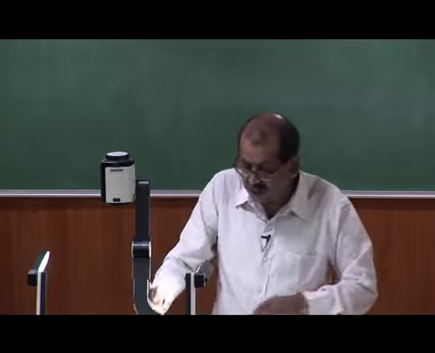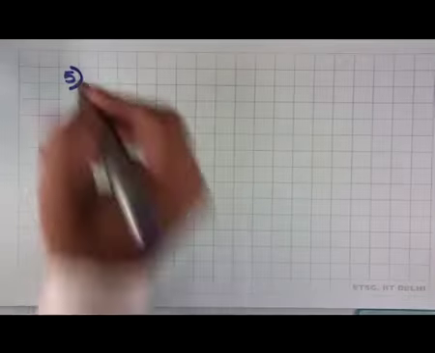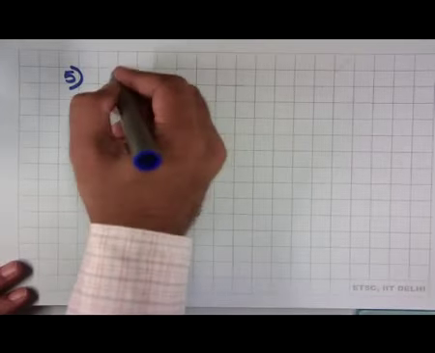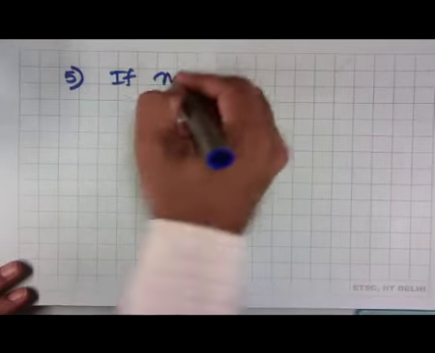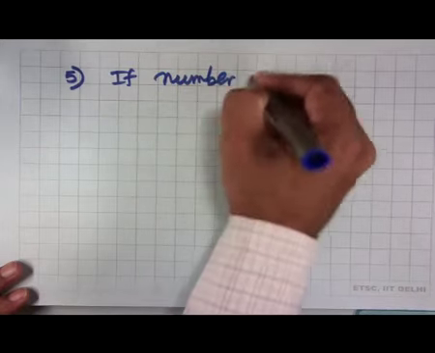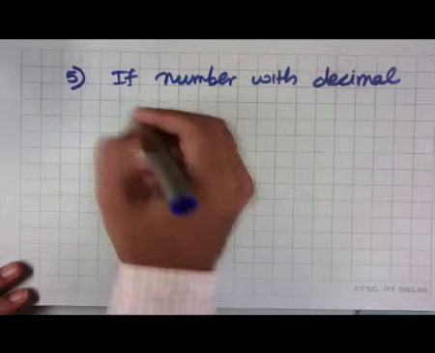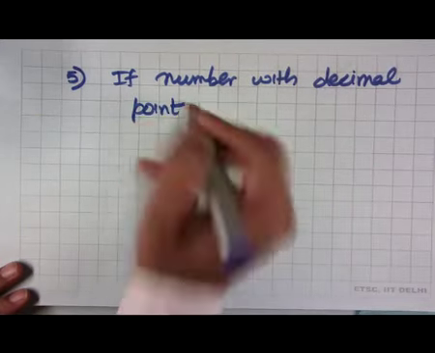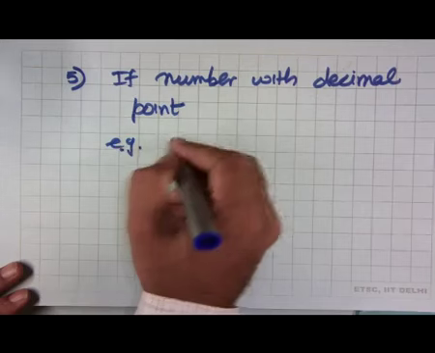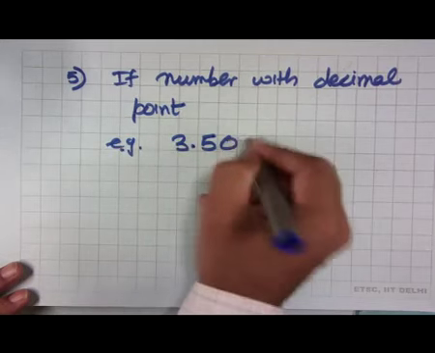Now, the final rule is, if there is a number with a decimal point, for example, we write a number 3.500.